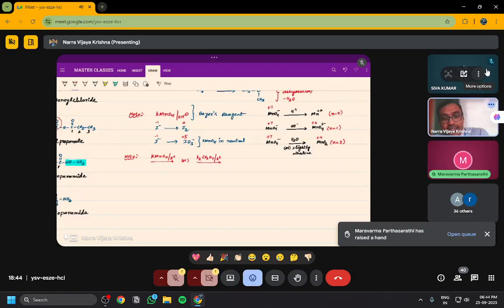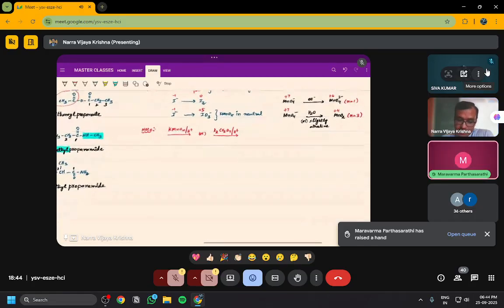I gave that oxidizing power based upon E0 values, not based upon n factor. Okay, understood, sir.